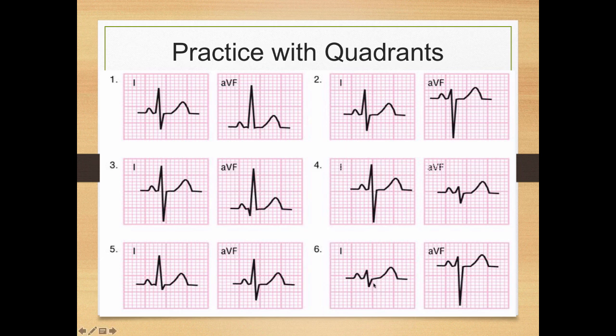This one, it's a little bit more negative than it is positive, just a teeny tiny insy binsy bit. And that's why we need calipers. That's why you should have calipers on you. So negative and negative is extreme right axis deviation.